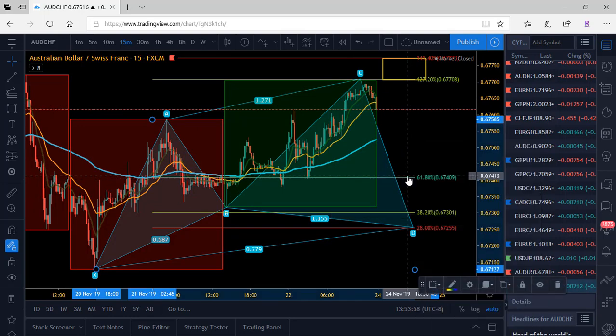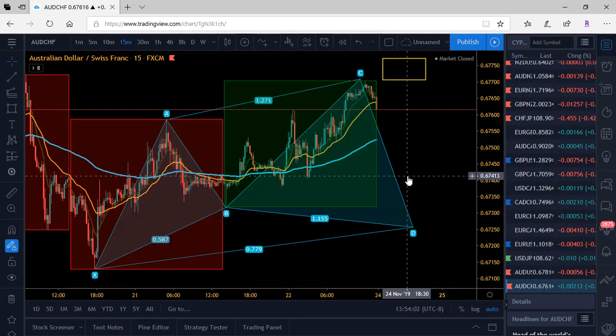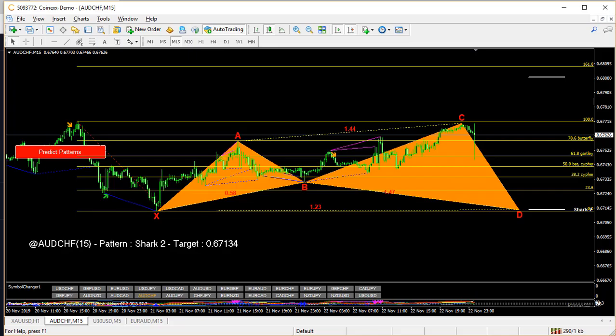So this definitely, it's a pattern to keep an eye on. We go back to the indicator.